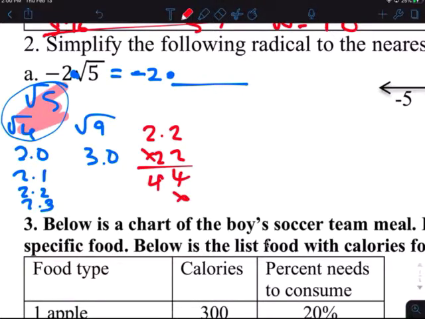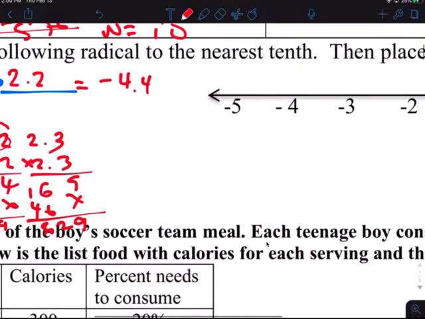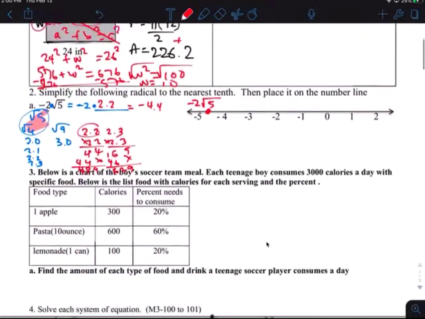This is 4.84. That's very close to 5. 2.3 times 2.3 though is 5.29. Okay, 2.2 is closer. So your answer is -4.4, and -4.4 is somewhere in between here. So -2 times the square root of 5 is somewhere right there.